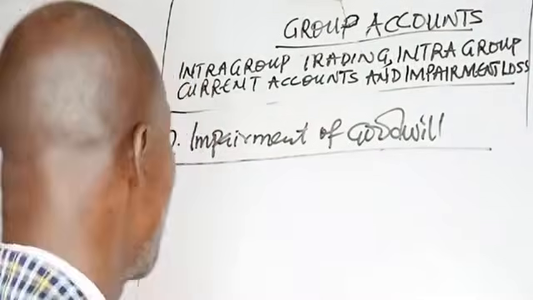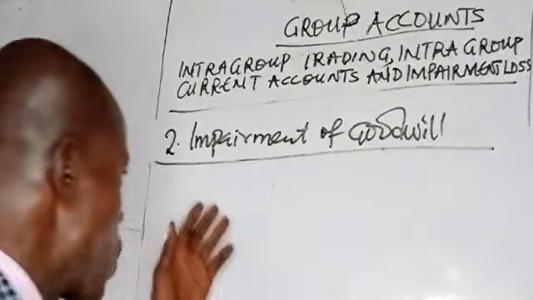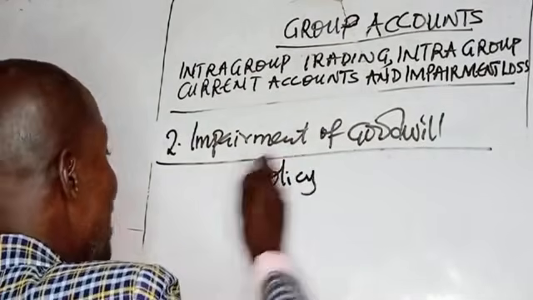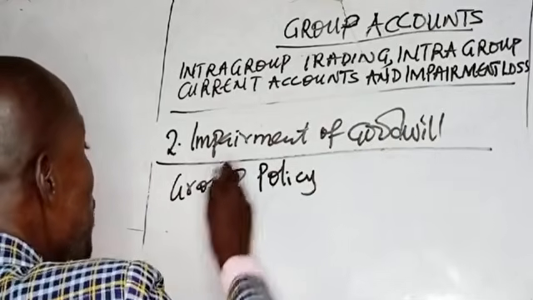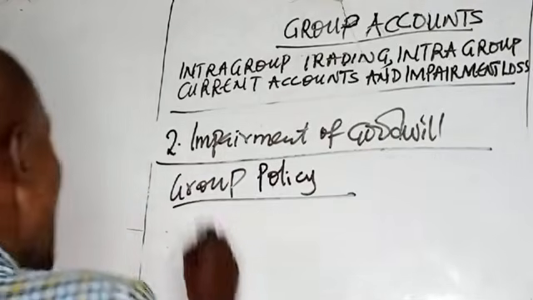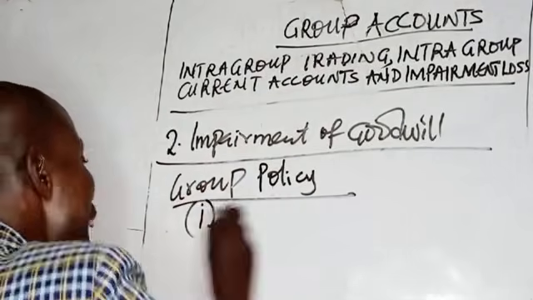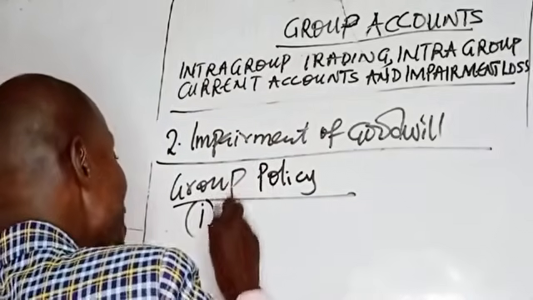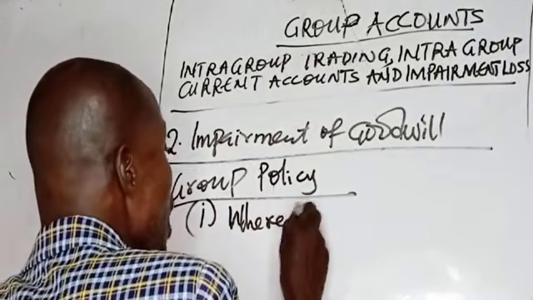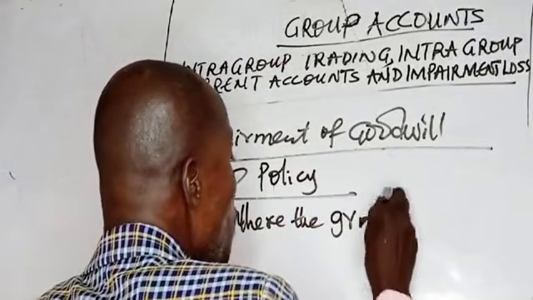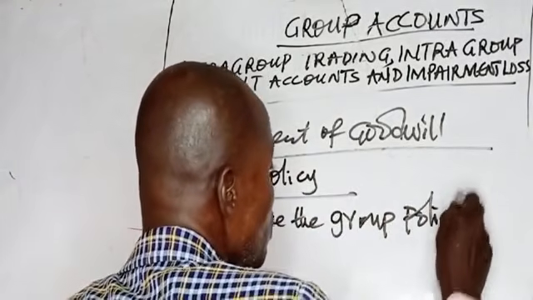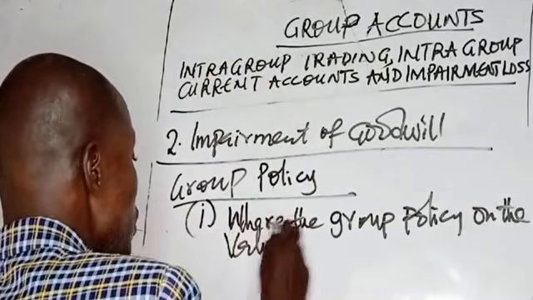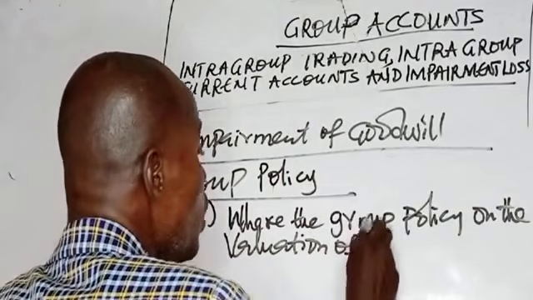The treatment of impairment loss depends on the group policy. It is the group policy that determines the treatment of impairment loss. Now remember, we have two policies as to the valuation of the non-controlling interest.